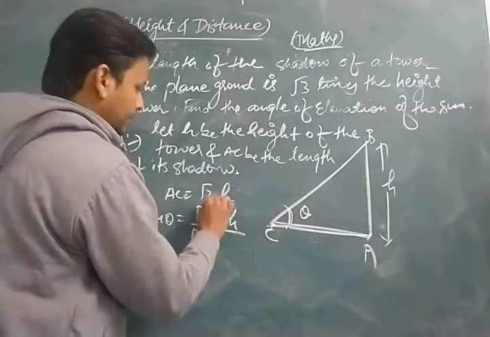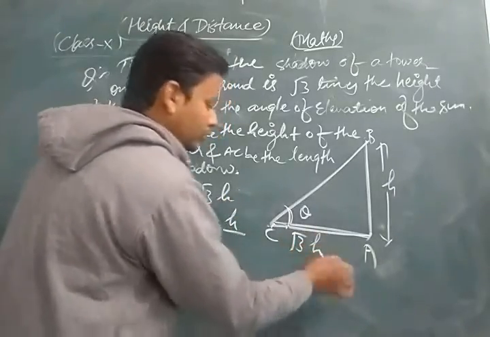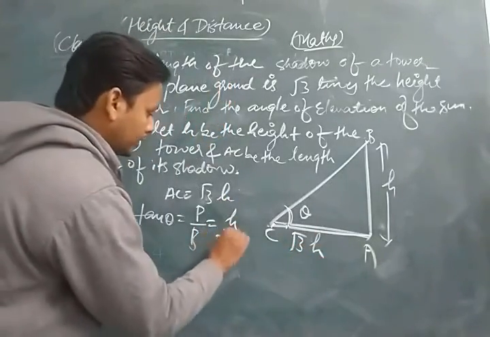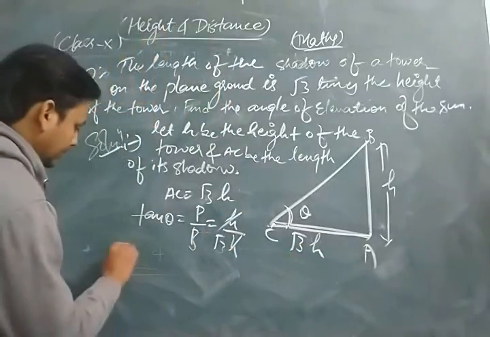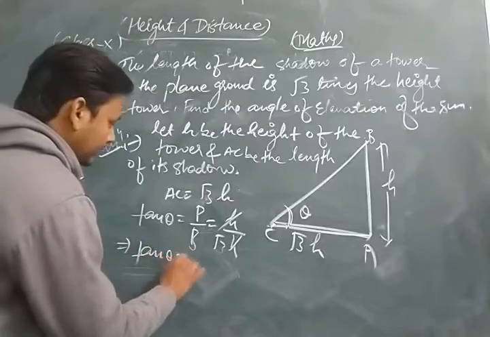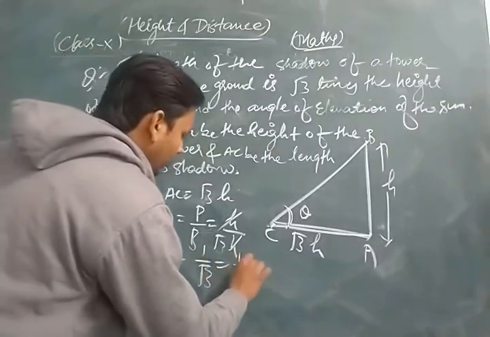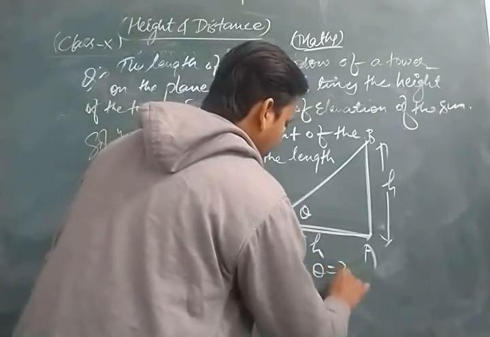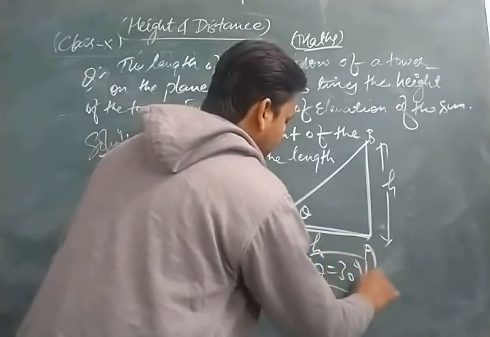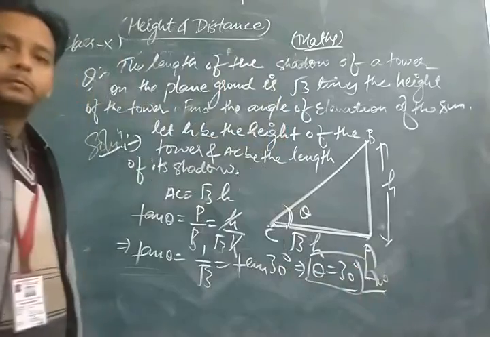Perpendicular is h and base AC is root 3 into h. So h is cancelled, and tan theta is equal to 1 upon root 3. This is the value of tan 30 degrees. On comparing both sides, theta is 30 degrees. So the angle of elevation is 30 degrees.